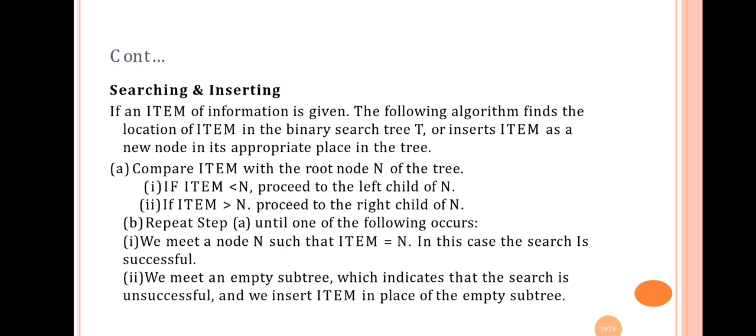If the item is greater than n, it proceeds to the right child of n. Then it repeats the step until one of the following occurs. We meet a node n such that item is equal to n. In this case, the search is successful. Or we meet an empty subtree, which indicates that the search is unsuccessful, and we insert the item in the place of the empty subtree.